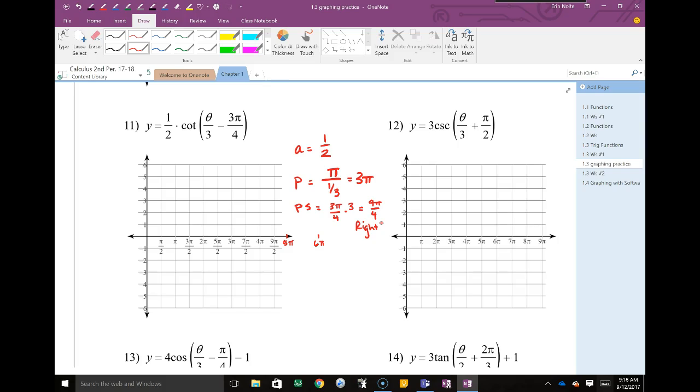You can think of it like this. If this one increment is pi over 2, a fourth would be half of it, right? So I can go 1 fourth, 2 fourths, 3 fourths, 4 fourths, 5 fourths, 6 fourths, 7 fourths, 8 fourths, 9 fourths. Right there. Right between 2 pi. Boy, that's a big shift.